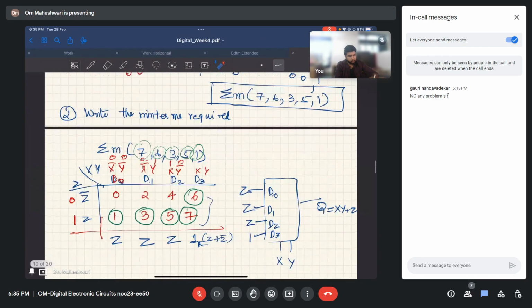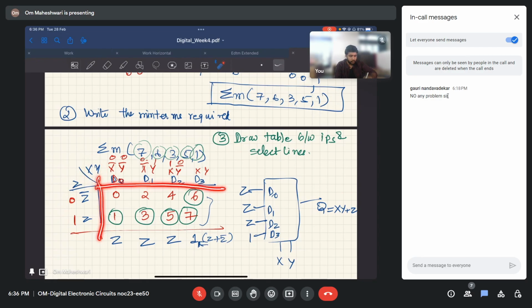So next we draw the table. Third is to draw the table between input and select lines. So Z and Z bar could be the input and X, Y are the select lines. How do we draw this table? Just write X, Y and Z here.